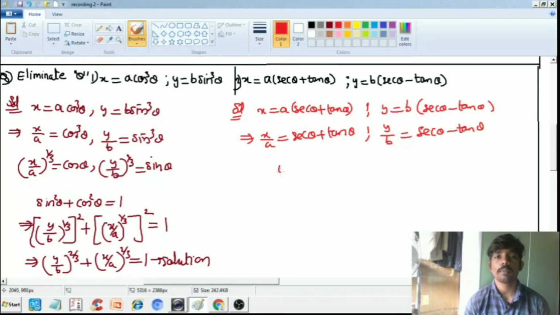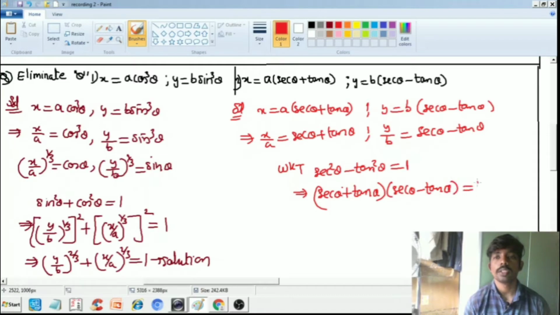So, x by a is secant theta plus tan theta, and y by b is secant theta minus tan theta. We know one formula: secant square theta minus tan square theta is equal to 1. From here, we can write it as a plus b into a minus b, sorry, this is a plus b, right? A plus b into a minus b is equal to 1.